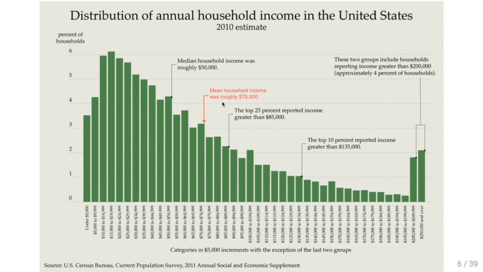What's interesting, the mean household income was roughly $75,000. So if we're trying to entice someone to come to the United States, we might say, well, the mean household income was $75,000.